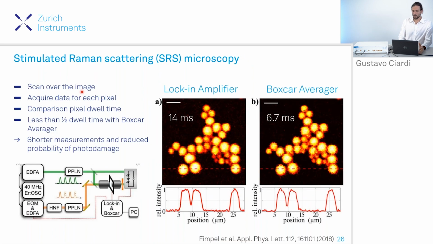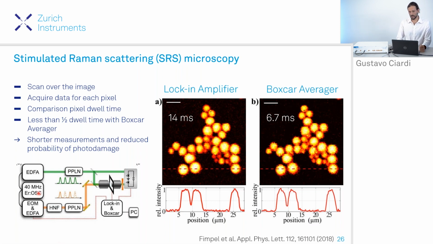And it's why here I want to show a very nice example where this group has performed some stimulated Raman scattering microscopy on some samples, and then directly compared the lock-in amplifier and the boxcar averager, giving some quantitative results in terms of measurement time. So the setup here is also quite straightforward.